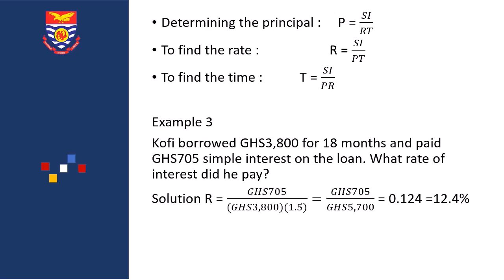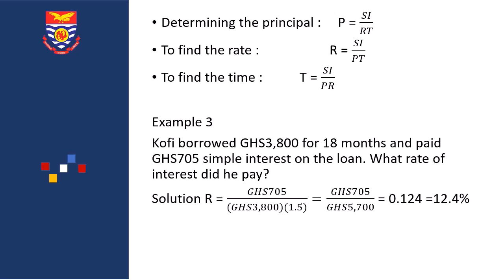Kofi borrowed 3,800 Ghana cedis for 18 months and paid 705 Ghana cedis simple interest on the loan. What rate of interest did he pay? So have you seen something? They give us the simple interest and we have to find what? The rate.